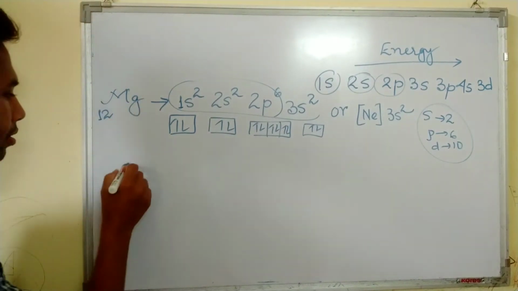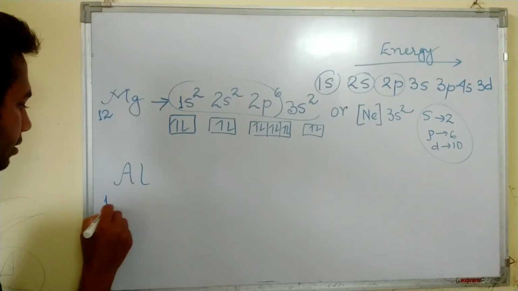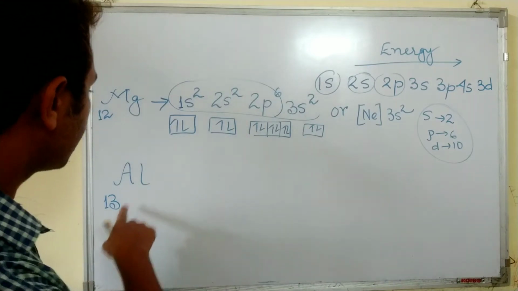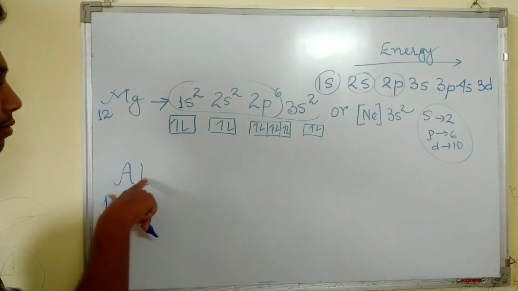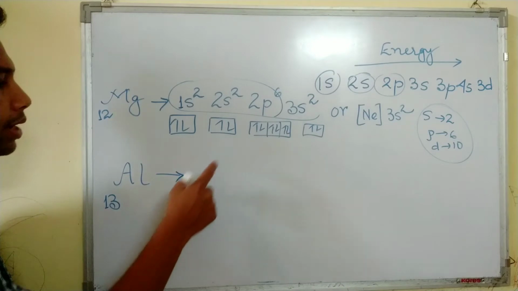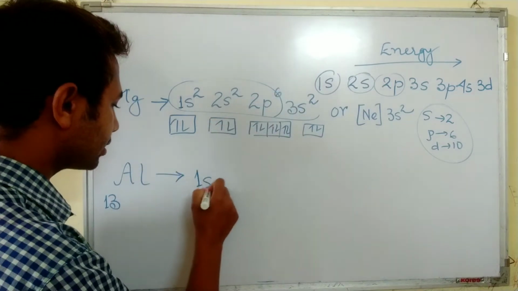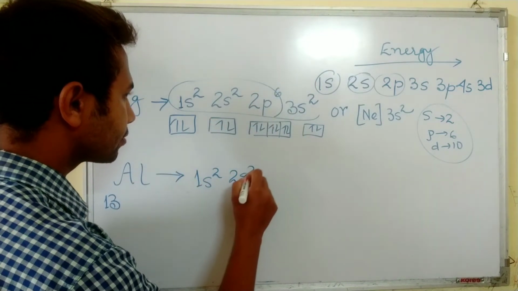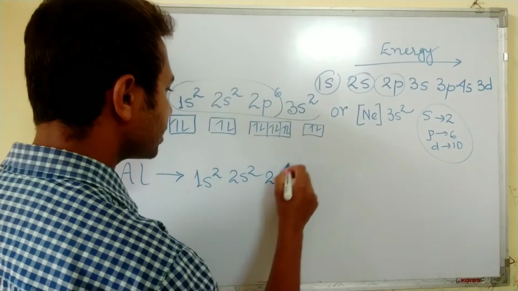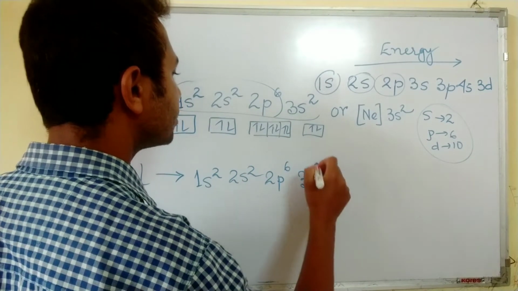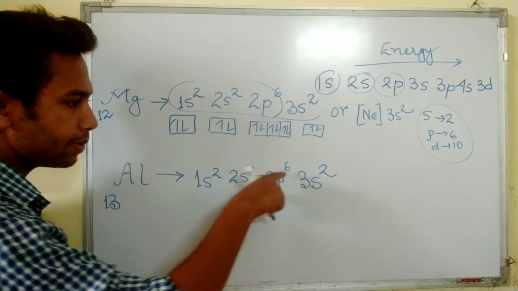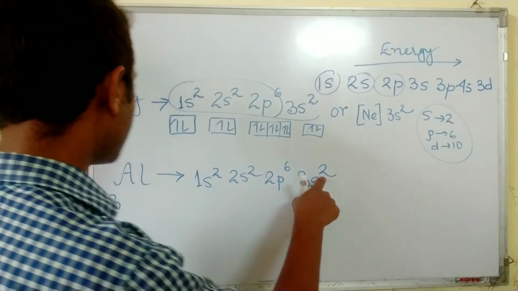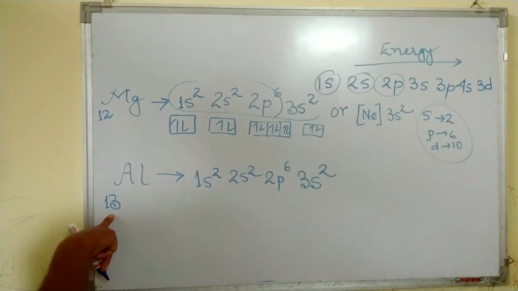Now aluminium. The atomic number for aluminium is 13. So here we may write the electron configuration as 1s2, 2s2, then 2p6, then 3s2. 2 plus 2, 4 plus 6, 10 plus 2, 12, and here 13, so 1 remaining.